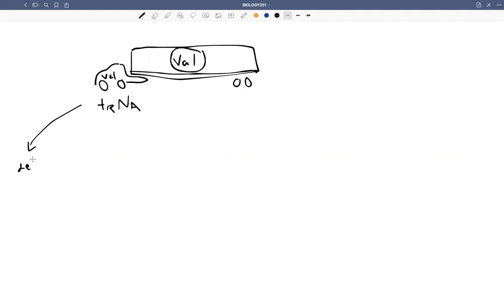And after it's loaded up, it delivers to, where do they go? Where does the tRNA drop off its cargo? Right, the ribosome. So it drops off the amino acid cargo.